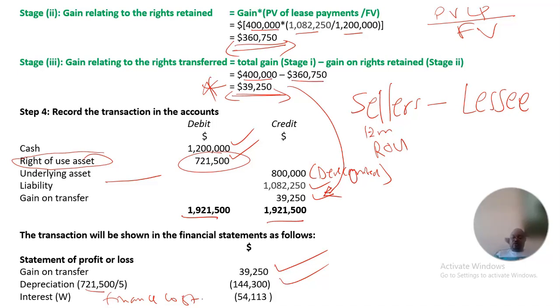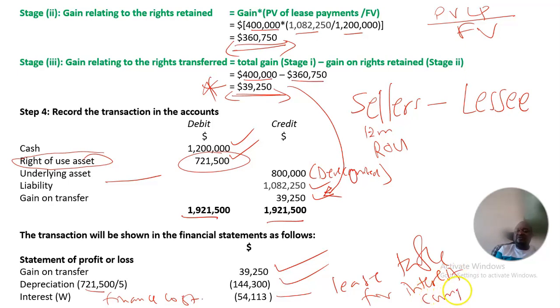All right. So we're going to use a lease table. There's going to be a lease table in computing this interest. You see that table, and normally it also depends on whether the installments are going to be paid in advance or in arrears.